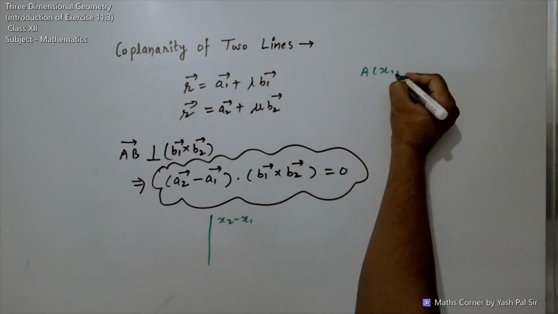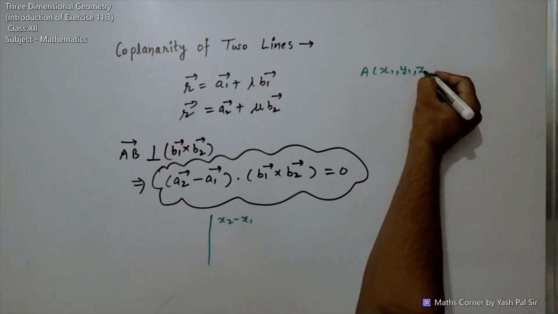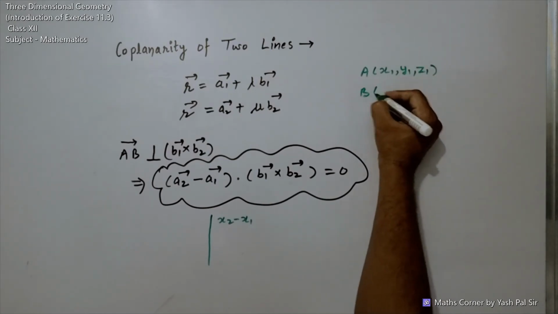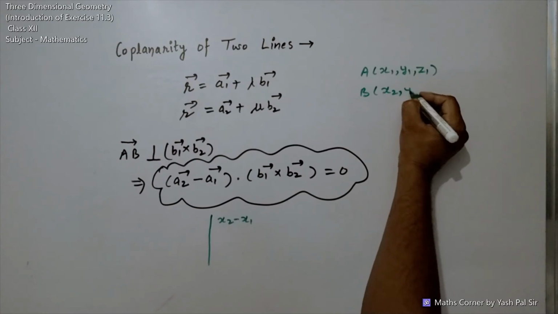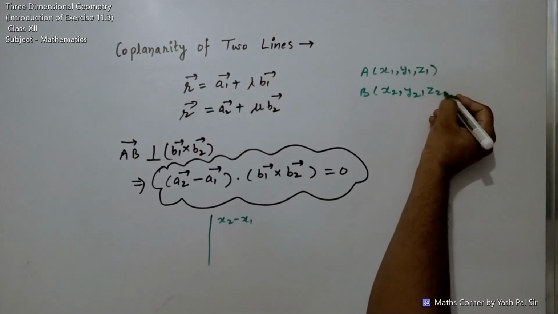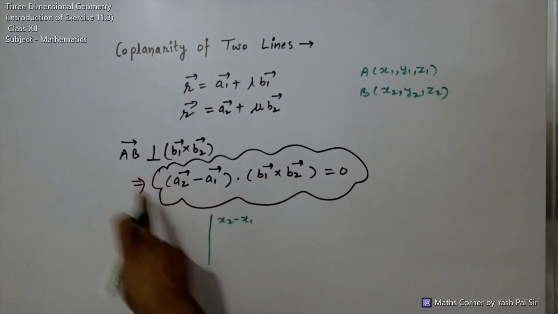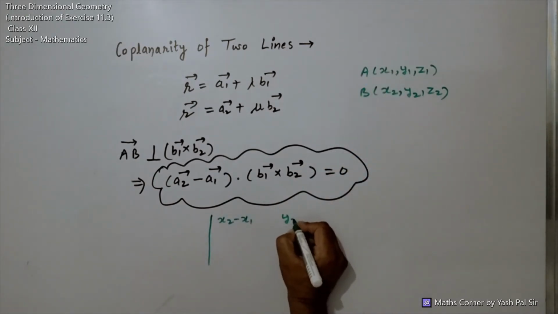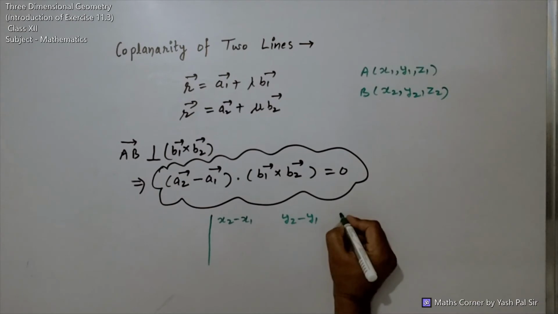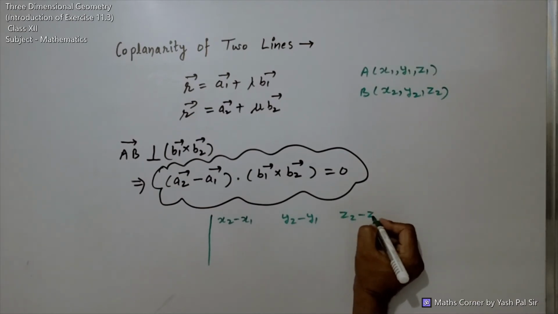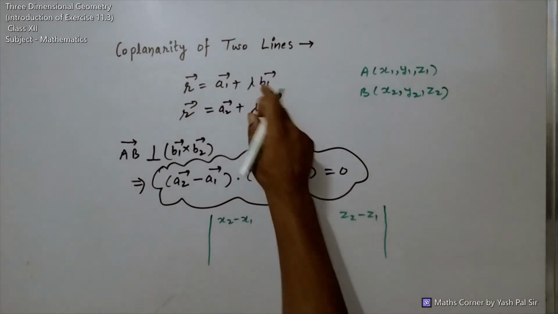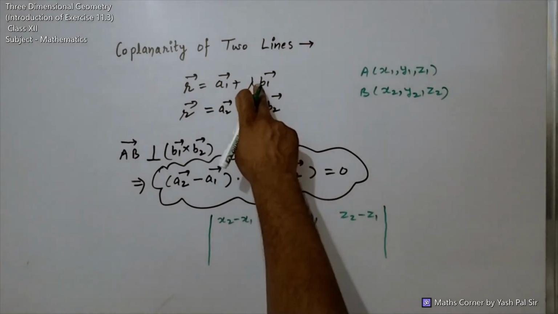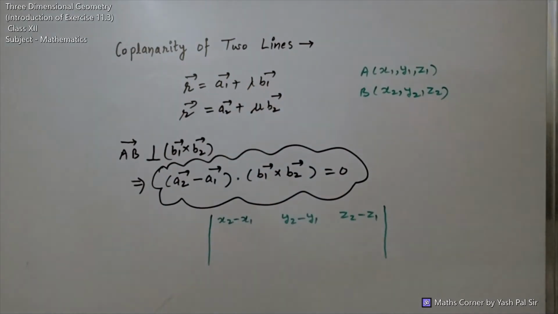What is x2 and x1? A is the point x1 y1 z1, and B is the point x2 y2 z2, right? So AB is x2 minus x1, y2 minus y1, z2 minus z1, right?